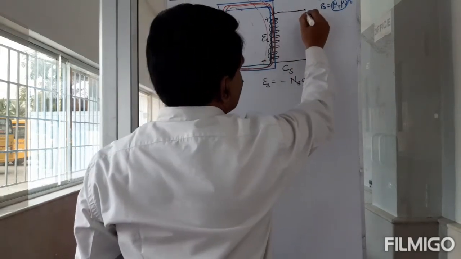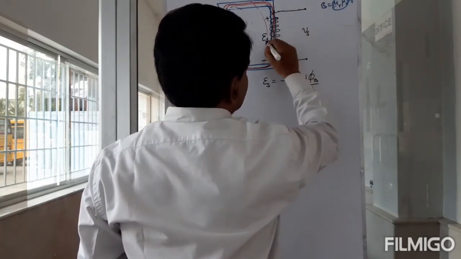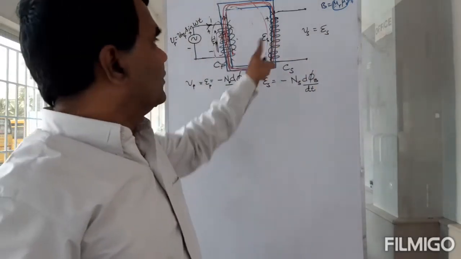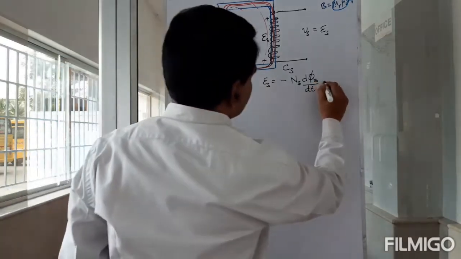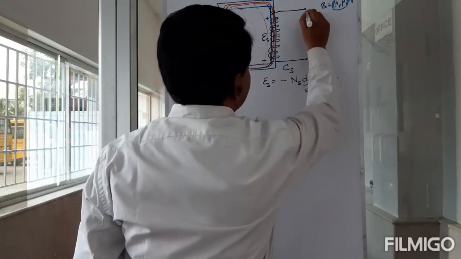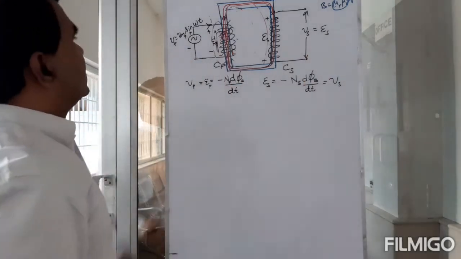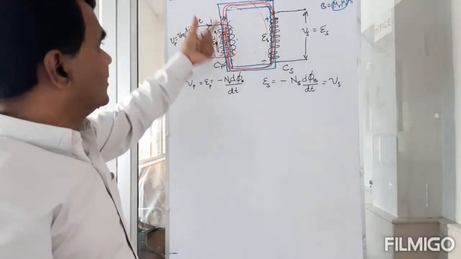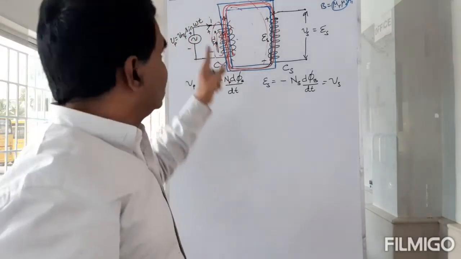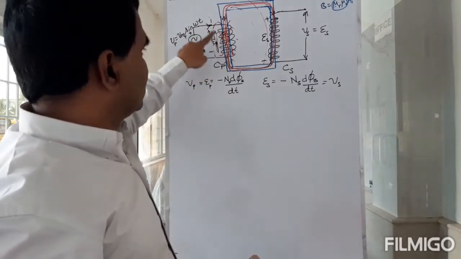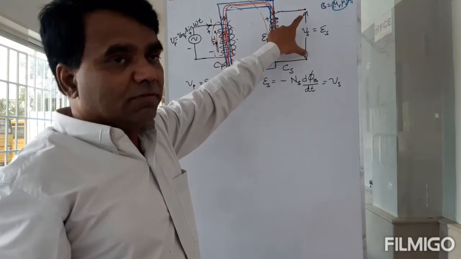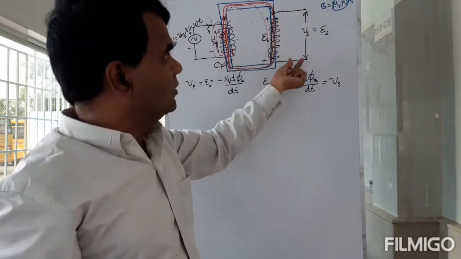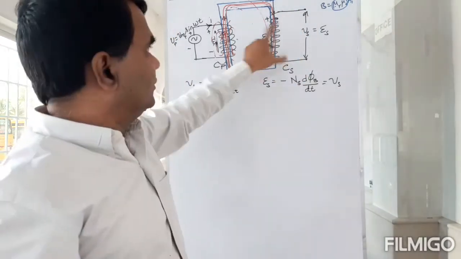If there is no current flowing, then even the terminal voltage you can take as Vs, where Vs is equal to the induced EMF. So I give Vp here, and that Vp is equal to EP, assuming it is all perfect, in the ideal condition, with no resistance. If I keep this open, or very little current is drawn from this, then this ES will be available here because there is no voltage drop on the wires. I hope this is clear.